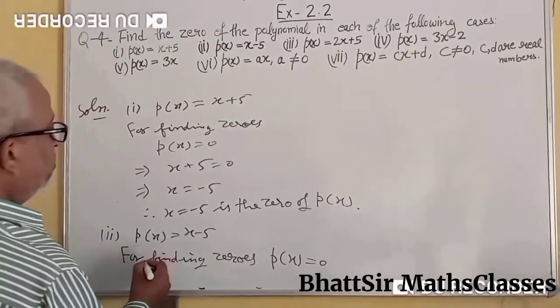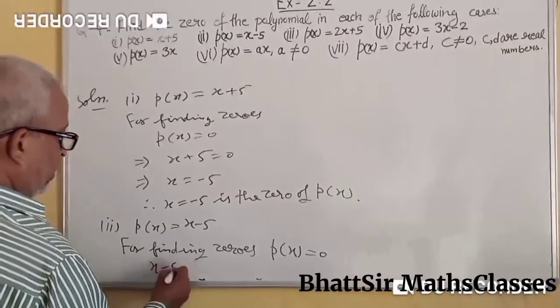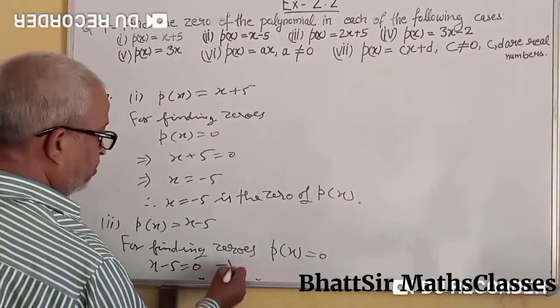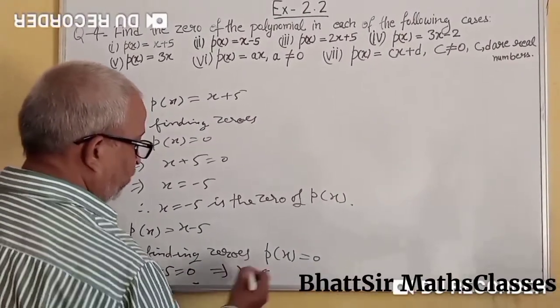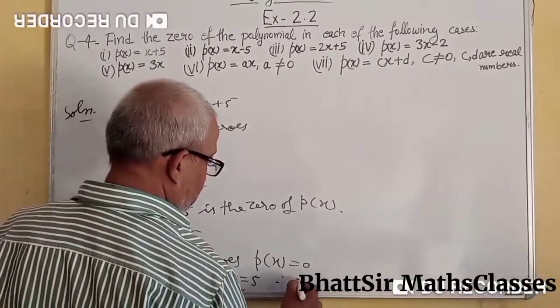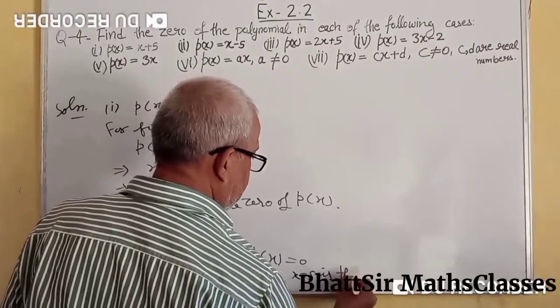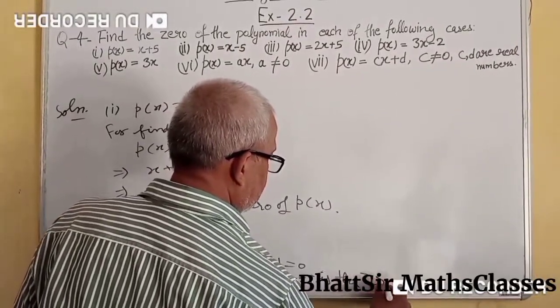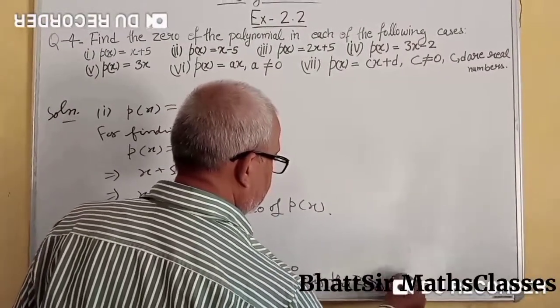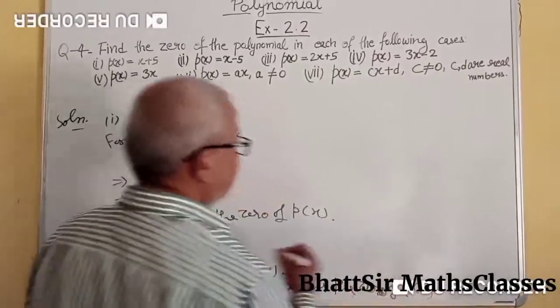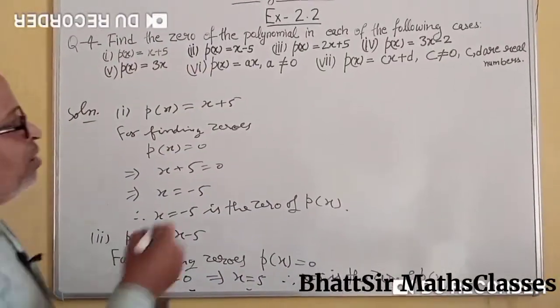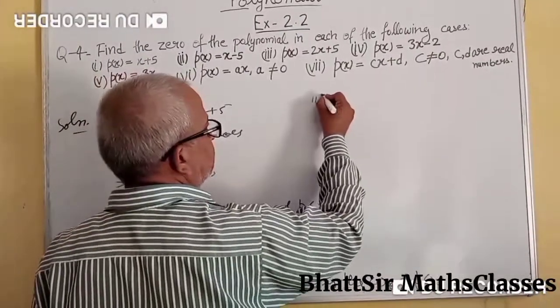It means x minus 5 equal to 0, implies that x equal to 5. Therefore, x equal to 5 is the zero of P(x).